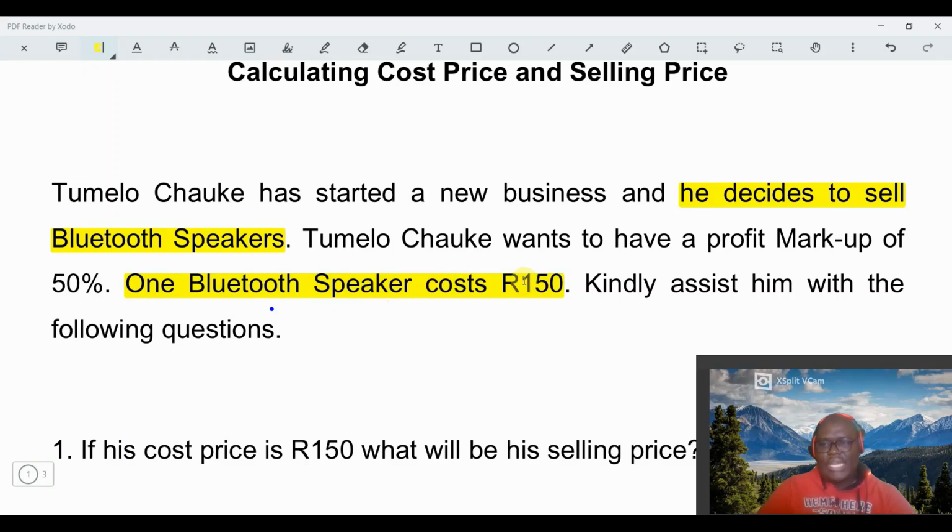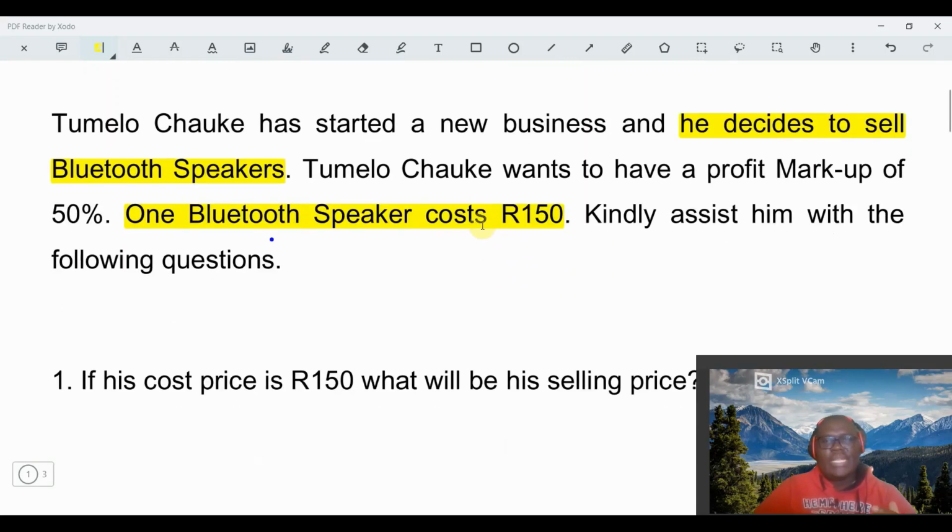So logically, it makes sense for us to say that if this Bluetooth speaker costs him 150, he will want to earn profit when he sells the speakers. On the information, they're telling us that Aubrey Chauke wants to have a profit markup of 50%.